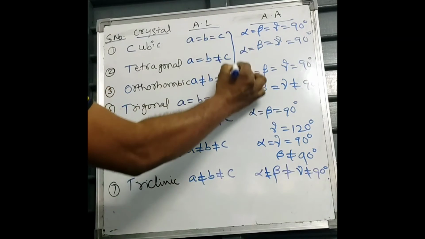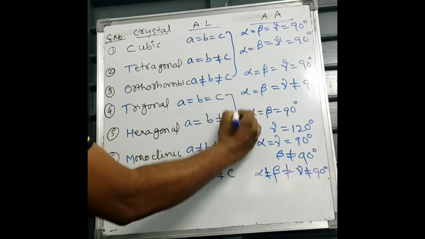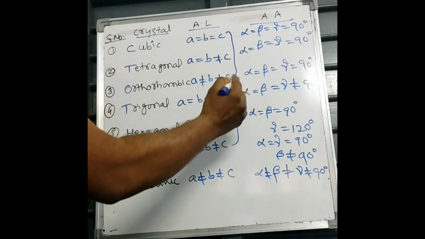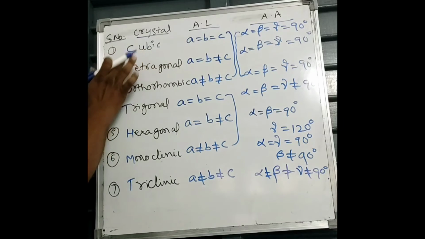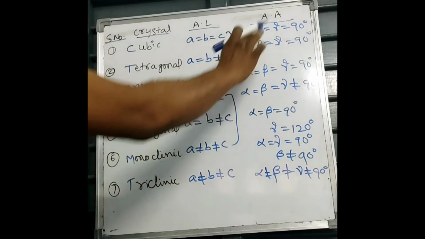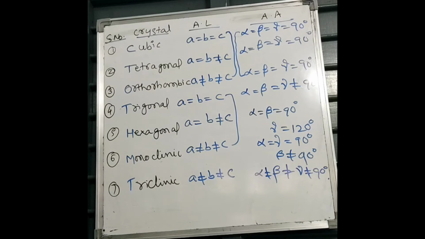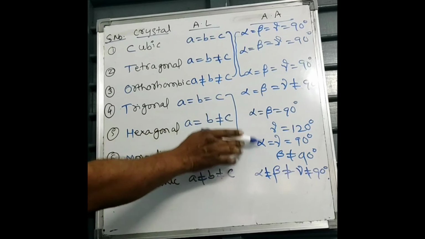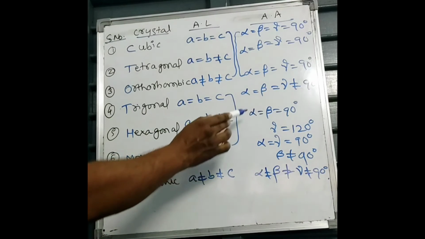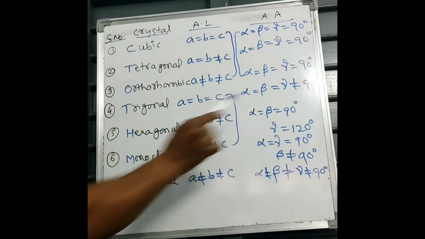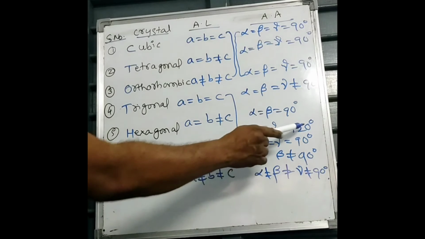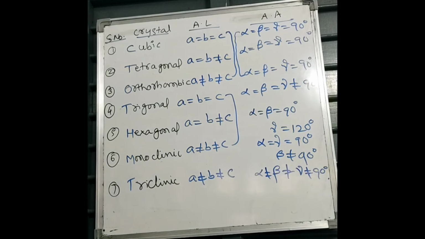These three are repeating here, and for these three, cubic, tetragonal and orthorhombic, axial angles are the same. And the last one is most unsymmetric, and we need to remember these three. In these three, alpha equals beta equals 90 degrees. Here alpha equals gamma equals 90 degrees. Here gamma is 120 degrees, beta is not equal to 90 degrees.